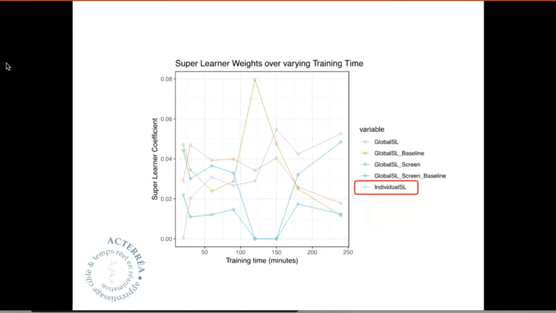You can see that the coefficient is increasing over time, revealing that the individual learner is having better and better performance as it encounters more and more data from this specific patient. So this is again very preliminary, but it was very interesting as a proof of concept to see that it seems possible to integrate two types of learner and to have an individual learner taking over time to optimize the prediction at the individual level. Next slide.